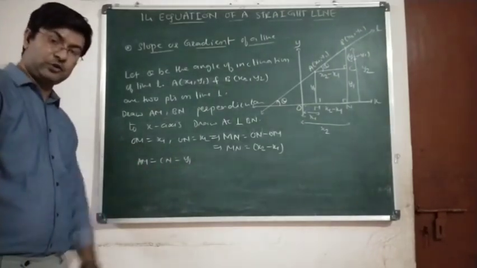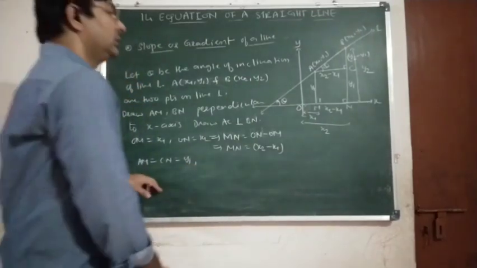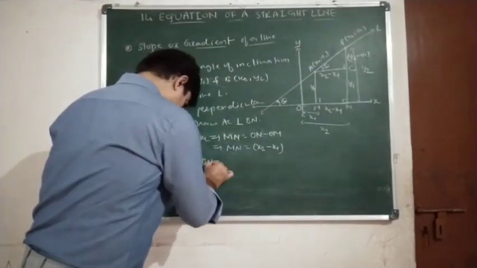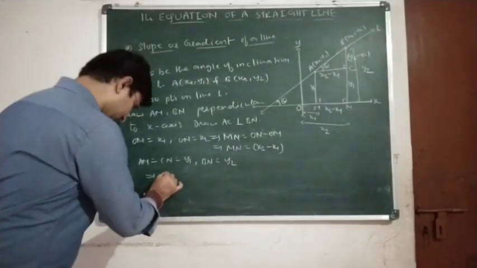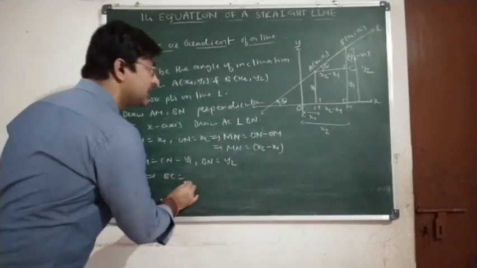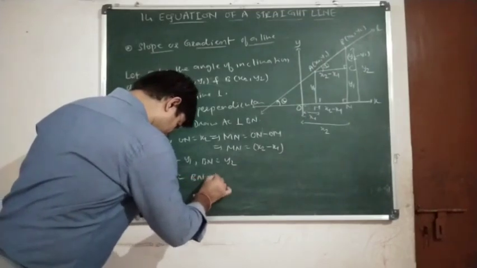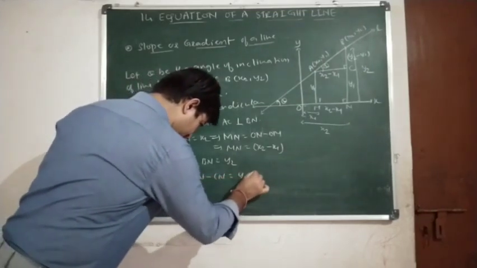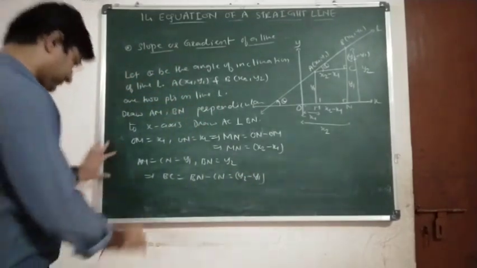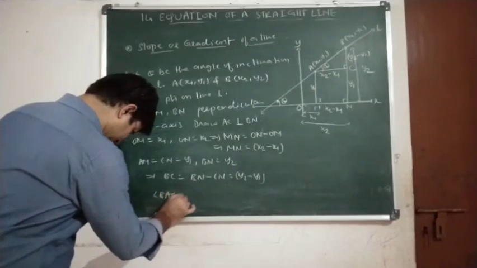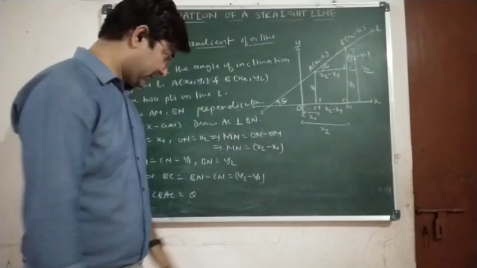AM and CN are equal because they are opposite sides of a rectangle, and BN is equal to y2, and therefore BC is equal to BN minus CN is equal to y2 minus y1. Again, angle BAC will be equal to theta, because these two angles are corresponding angles.